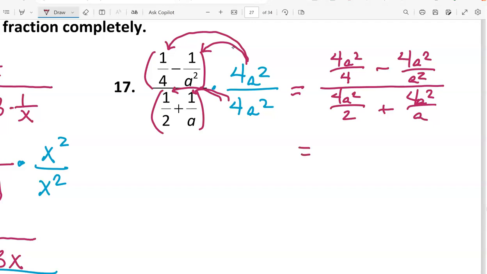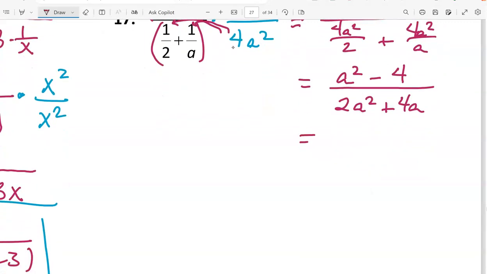Now, if you can do this simplification in your head, you don't have to write that step, but you may want to write out this step and then simplify each fraction. So you'll notice that each fraction divides evenly, so that leaves us with a non-fraction result, a squared minus 4 in the numerator, and 2a squared plus 4a in the denominator.